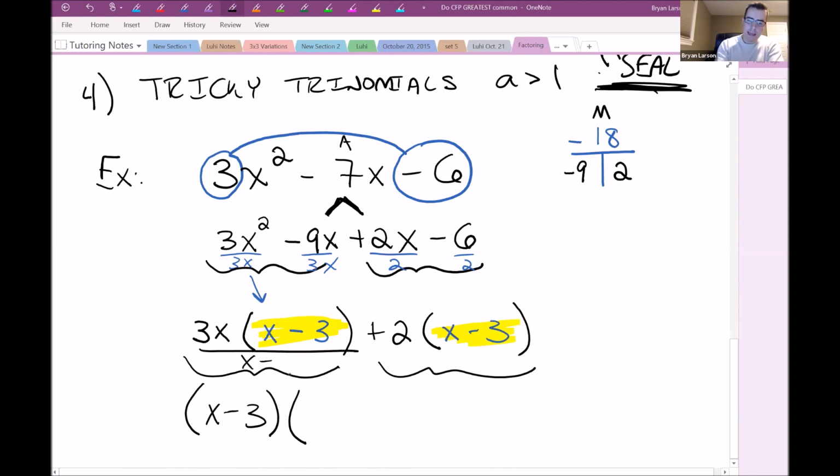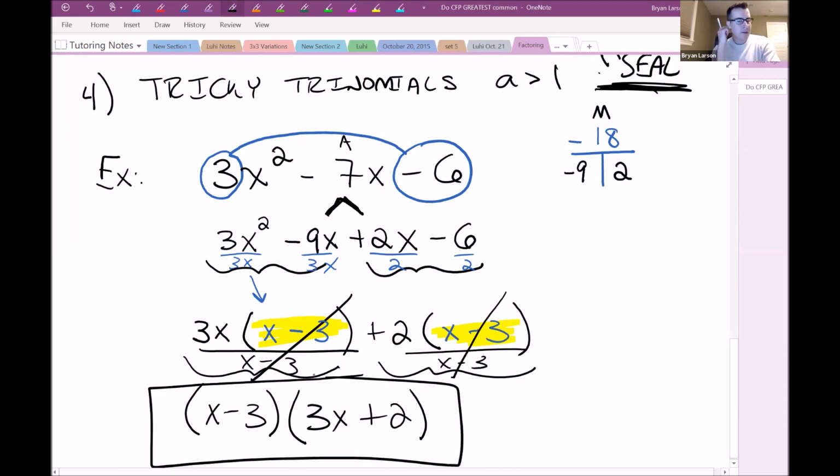Well, if I divide each of those by x minus 3, that leaves me with 3x from the first part and it leaves me with a positive 2 from the next part. So we'd get x minus 3 and 3x plus 2. Okay, so that's the tricky trinomial combined with the grouping method there.